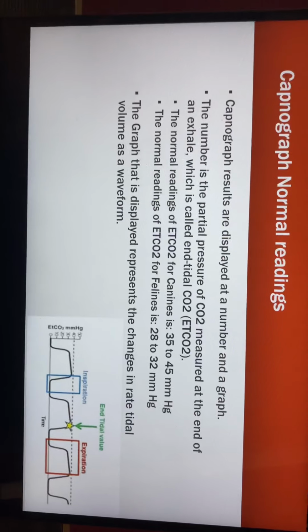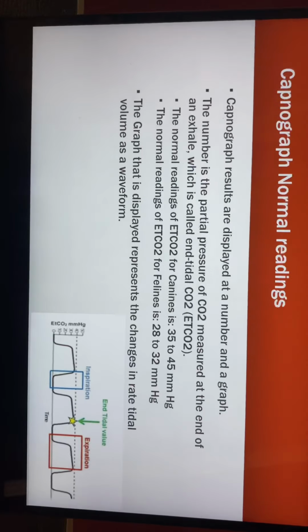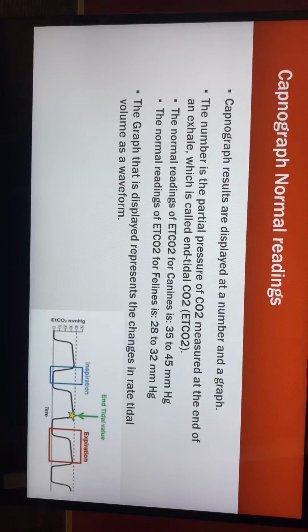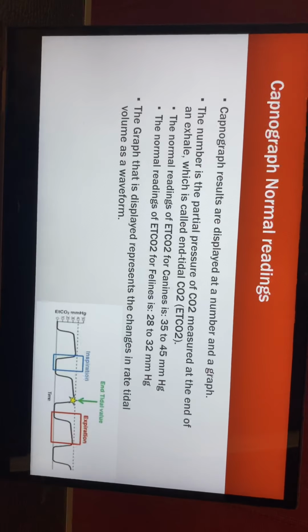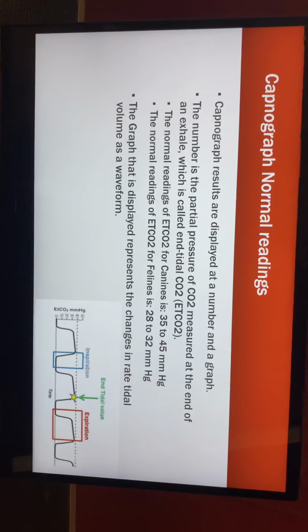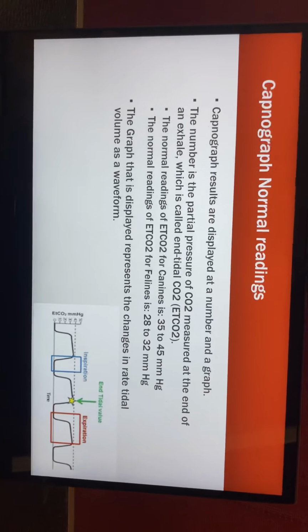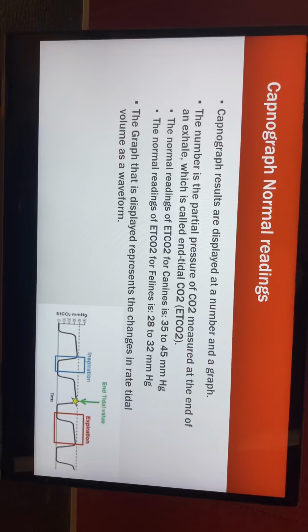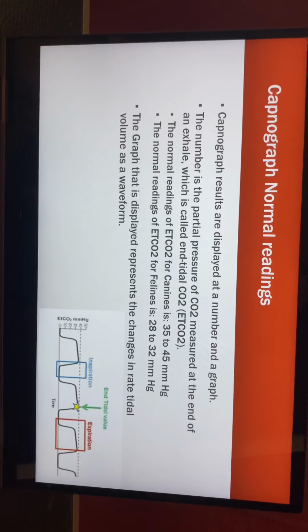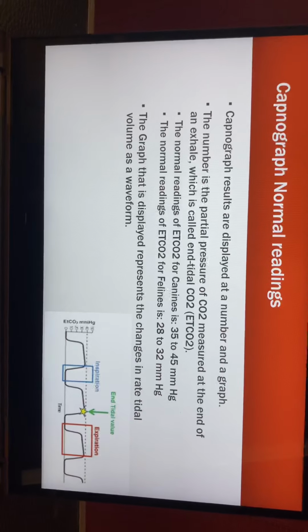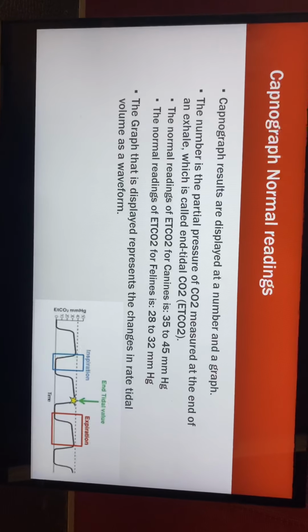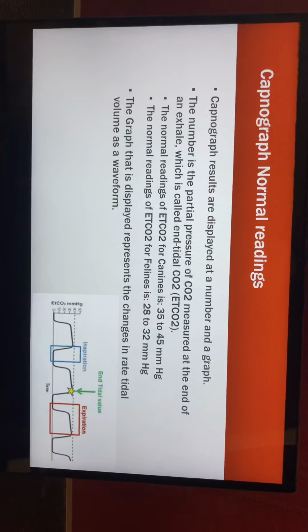One of the most basic things is that you need to know the normal readings. Capnograph results are displayed as a number and a graph. The number is the partial pressure of CO2 measured at the end of an exhale, which is called the end tidal CO2, or EtCO2. The normal reading of EtCO2 for canines is 35 to 45 millimeters of mercury.